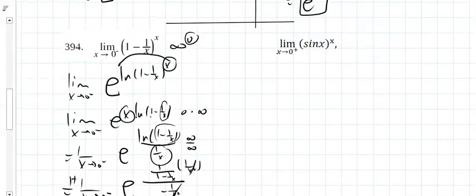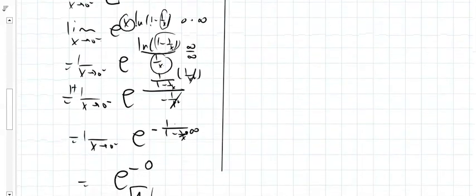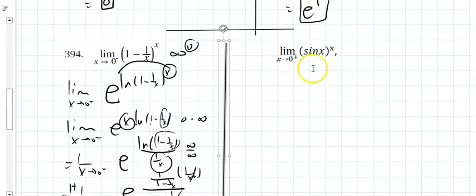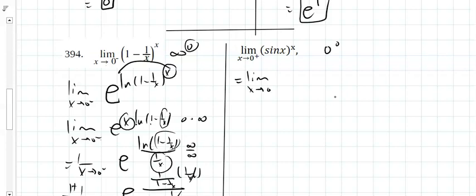One more to go. It's something I made up, again, because we don't have enough problems in this book. So I added 6 problems, I think. Here, I'll get 0 to the 0 power. Once I get a power function, I want to get rid of the power.